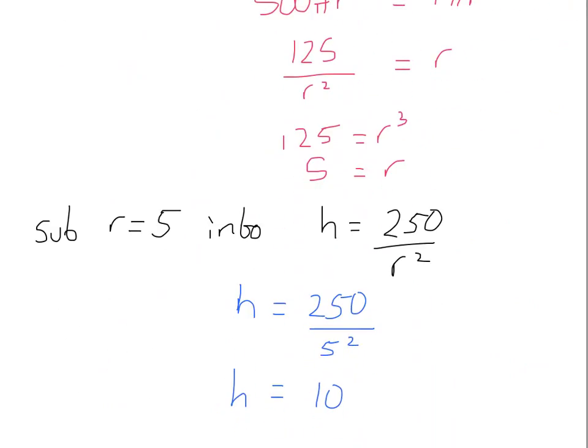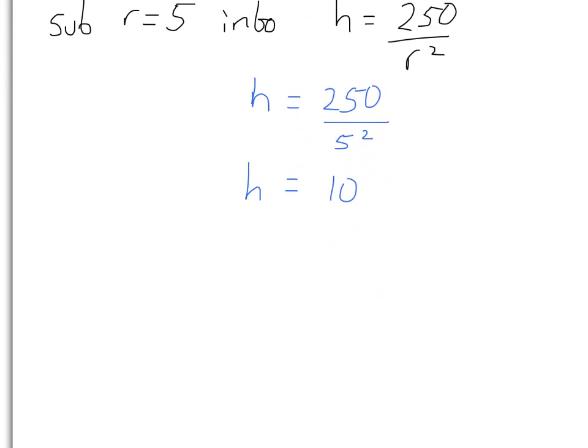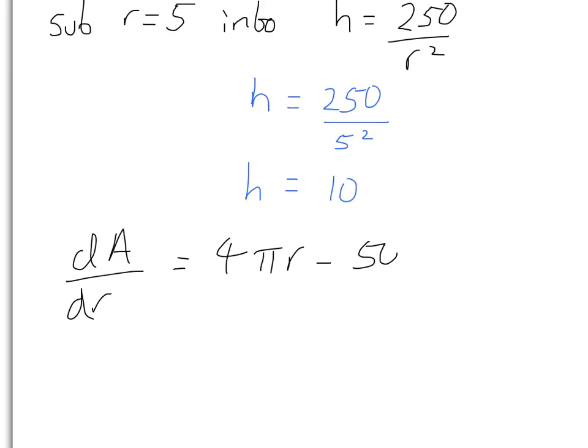So remember, our dA by dr we've calculated as being the following. I'll just write it out again for us. So we got this, we got 4 pi r minus 500 pi r to the power of minus 2.